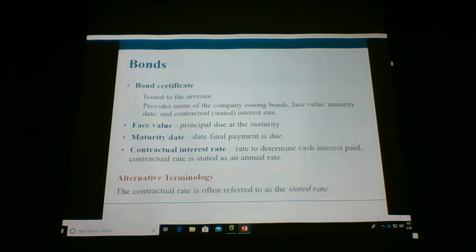So for example, if you have a $1,000 bond that pays 6% interest, you would be owed $60 per year. And let's say that was a 10-year bond, you would get $60 10 times, assuming the interest was paid once a year, and then at the end, you'd get your $1,000 back.